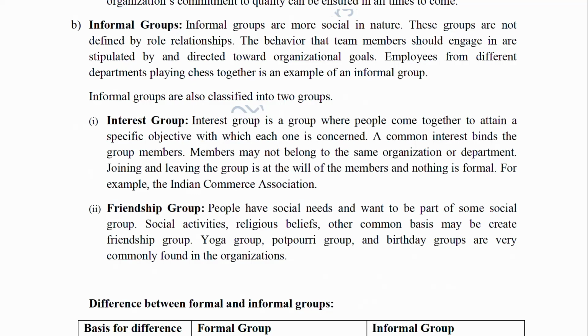For example, the Indian Commerce Association. Second, friendship group. People have social needs and want to be part of some social group. Social activities, religious beliefs, or other common bases may create a friendship group. Yoga groups and birthday groups are very commonly found in organizations.